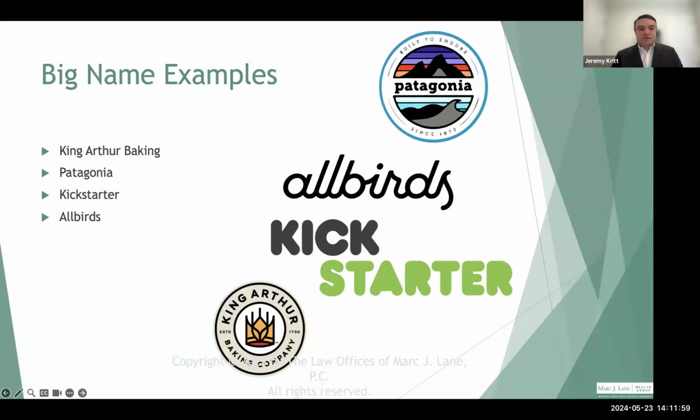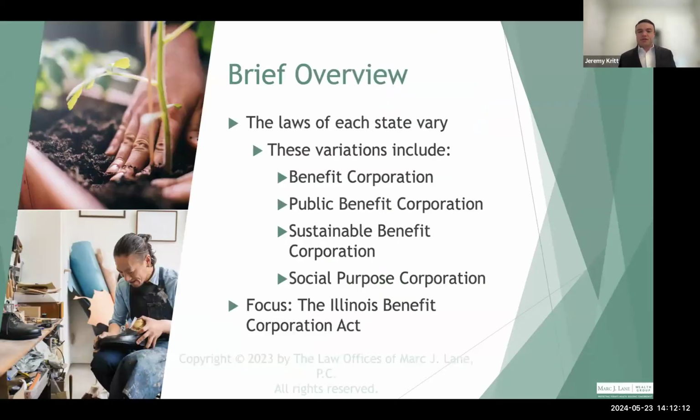Here you have some big name examples of benefit corporations, just to give you some context about what we're talking about today. To be clear, none of these are Illinois benefit corporations, but almost every state in the country has either a benefit corporation law or some variation of it.